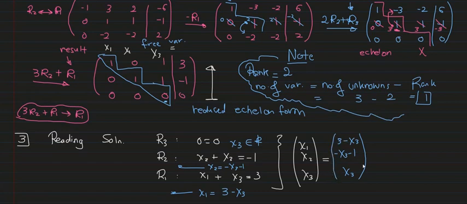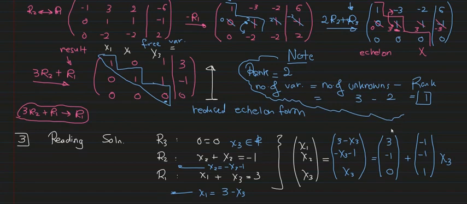We can separate this vector and write it in a more convenient way, where we take the free terms, the numbers: the 3, from here the negative 1, and here we don't have a free term, so it's 0, and we put them in a vector, plus another vector which carries the coefficients of x3. Here we have x3 multiplied by negative 1, here x3 again multiplied by negative 1, here x3 is multiplied by 1, and we say that this vector is multiplied by x3.